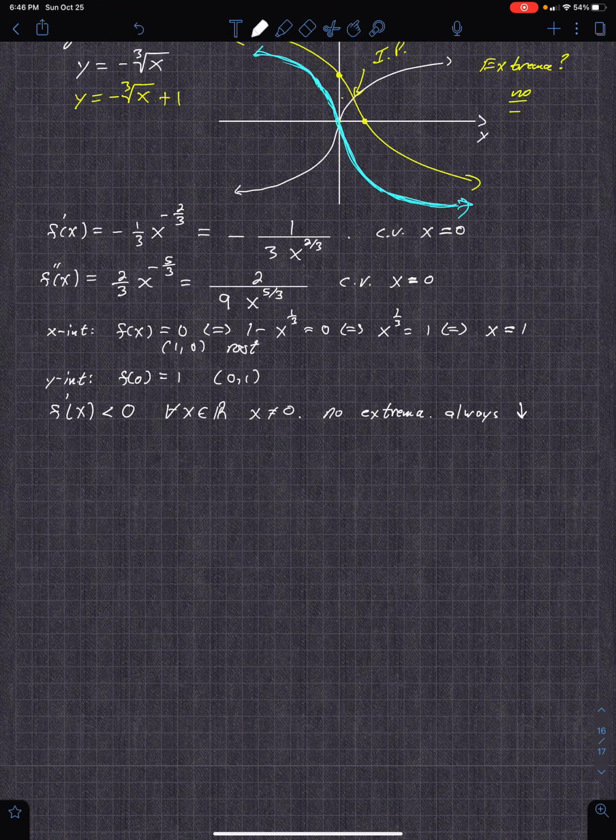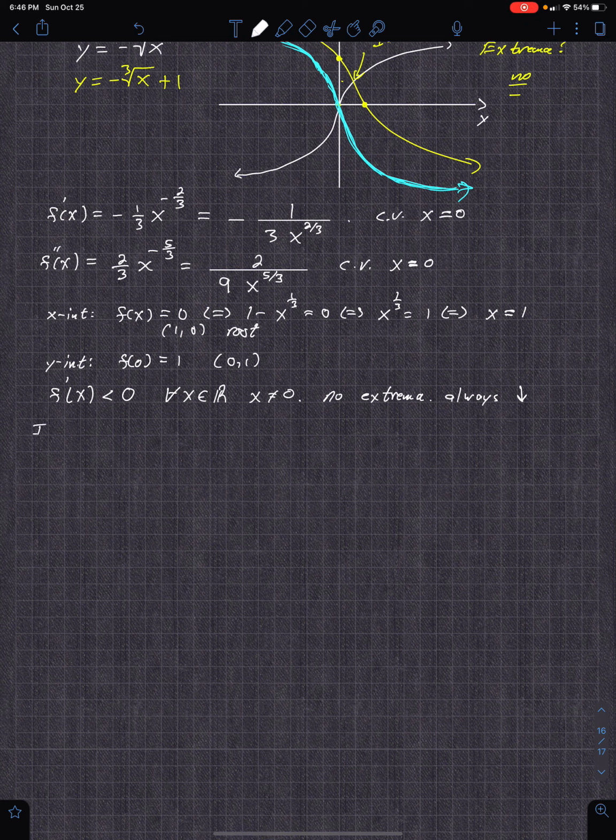What about inflection points? Okay, so let's test CVs for inflection points. So that's around 0. So now you're looking at this, and it's positive. When you put in a number, then 5/3 as a power will make it negative. Like, if you put in a negative, it remains negative. You put in a positive, it remains positive. So it doesn't do anything to the function.